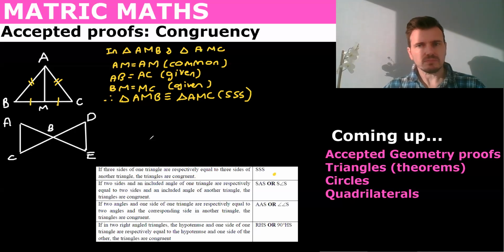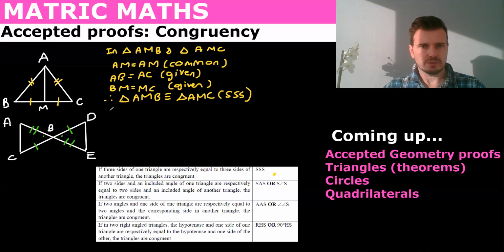Okay, now let's look at the side angle side. So they could give you something like this. Let's do that one in green. So they could tell you that this is equal to that, and maybe that's equal to this. So AB equals BE and CB equals BD. Now we know that these two angles are equal because of vertically opposite angles.